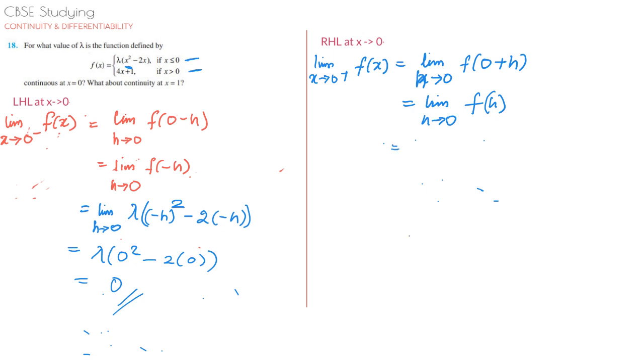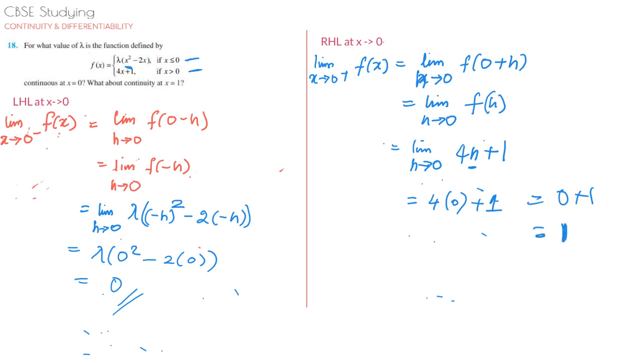So this becomes equal to limit h tends to 0 4h plus 1. Now wherever there is h, I'm going to substitute 0. That means it becomes equals to 4 into 0 plus 1. That is 0 plus 1, which is equal to 1.